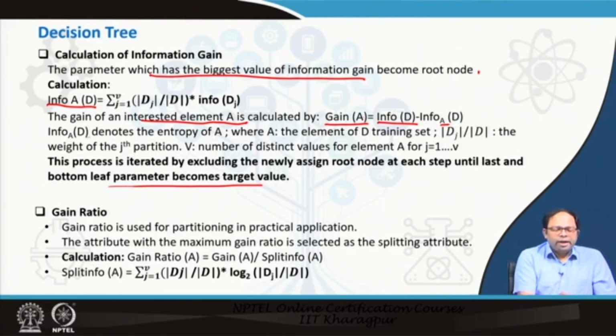Info_A(D) denotes the entropy after splitting on A, where |Dj| divided by |D| is the weight of the jth partition. Whenever we split the data using A, there could be 3 classes of A, so j equals 1 to v are the different classes.